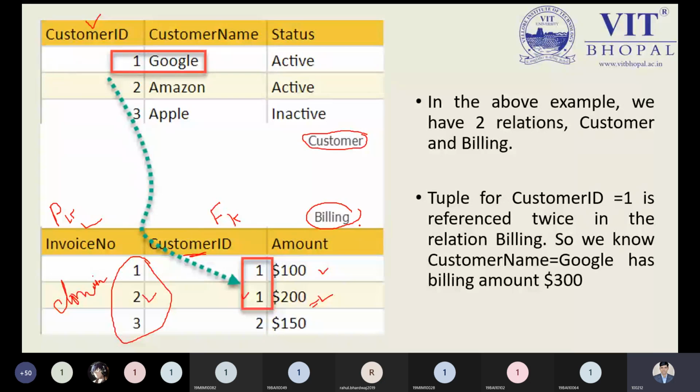So here we have the primary key, that is the invoice number, and here we have the customer ID. You can see the amount value in the billing table can also be recognized as a candidate key. Why? Because all the values are uniquely represented, 100, 200 and 50, 150.